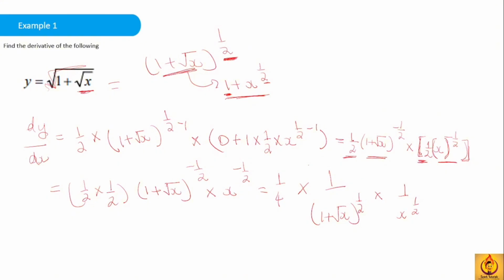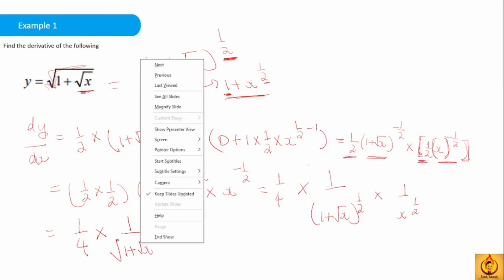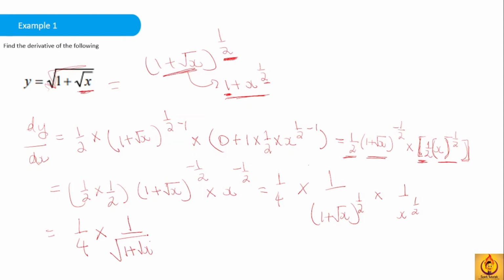But initially I said that 1 over 2 as an exponent can be expressed as a square root. So we're going to have 1 over 4 multiplied by 1 over root 1 plus root x, multiplied by 1 over root x.